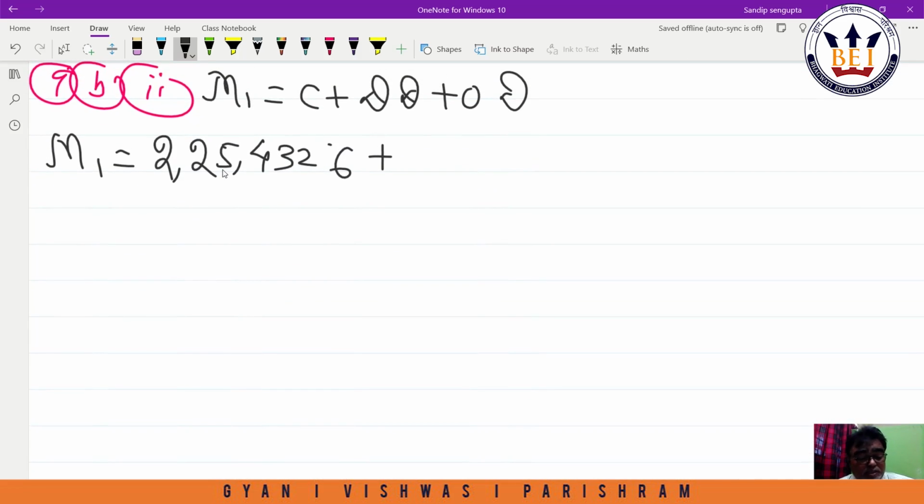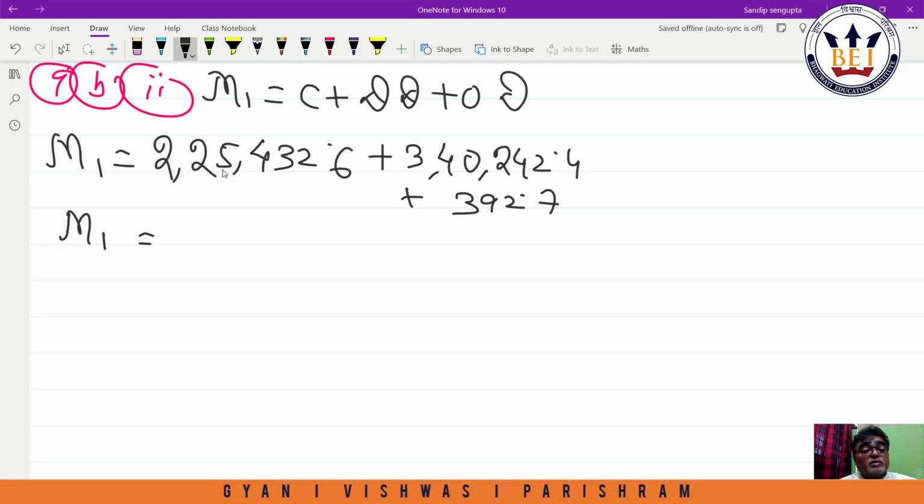DD given as 340,242.4, plus OD given as 392.7. Check once. 225,432.6, 340,242.4, 392.7. So by calculating, it comes 566,067.7.